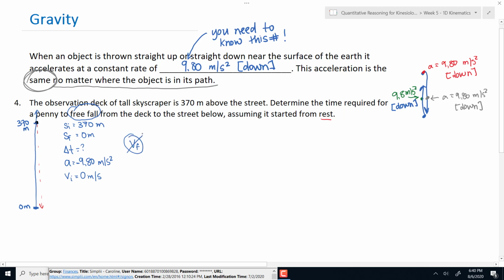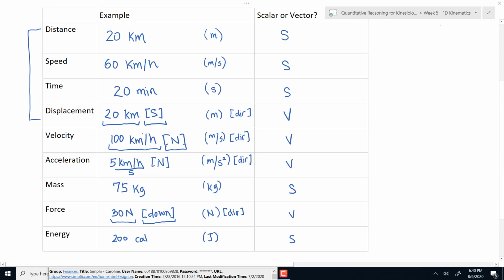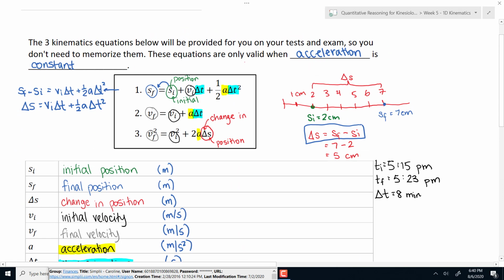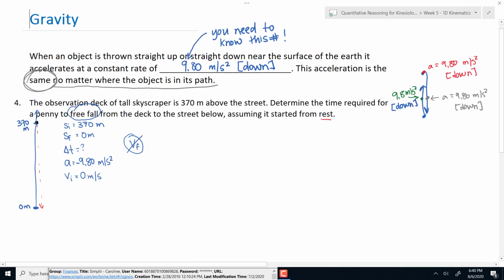So we need to choose the kinematic equation that doesn't have V final in it. So let's do that. Let's find the kinematic equations. Which one doesn't have V final in it? It would be equation number 1. Okay, so let's use equation number 1.